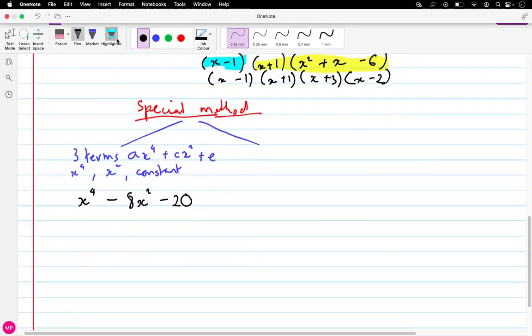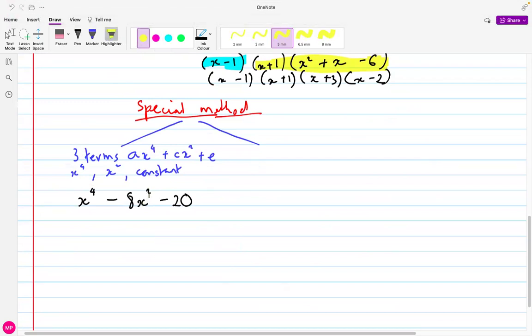The way that we do it is if you see x squared, and you can see there's x4 here, and the relationship between them is that if you square x squared, you get x4. So what we do is we let x squared equal a. Okay, so we let a equal x squared.